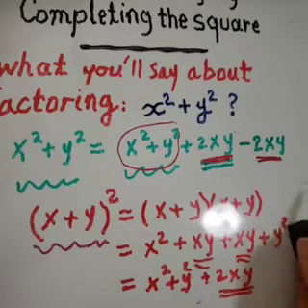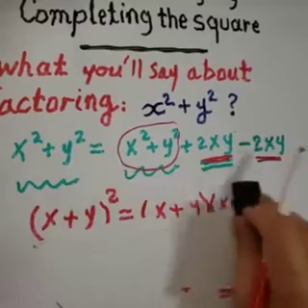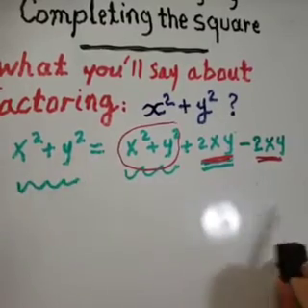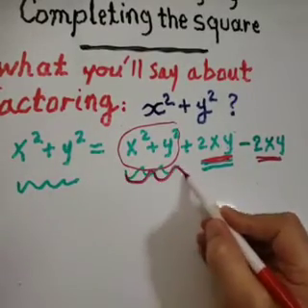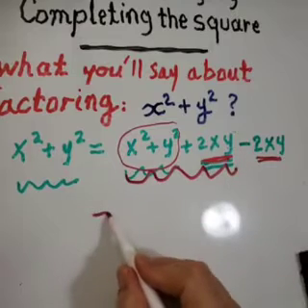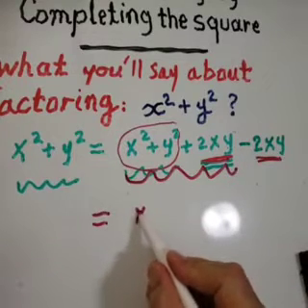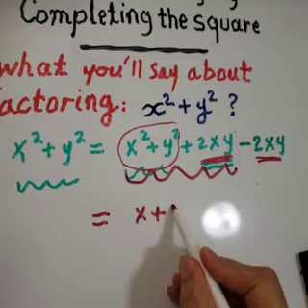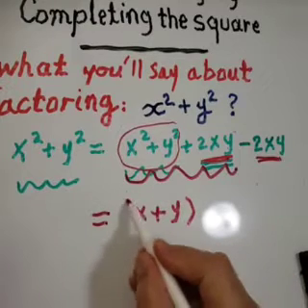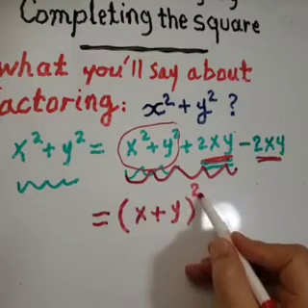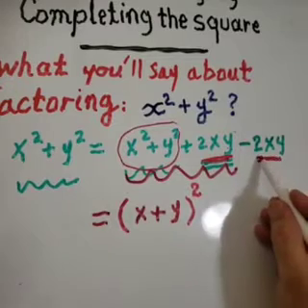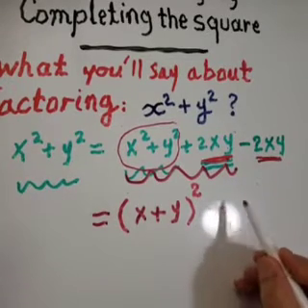Okay, now we can write those three terms as x plus y, all squared, and we keep this one out of the bracket.